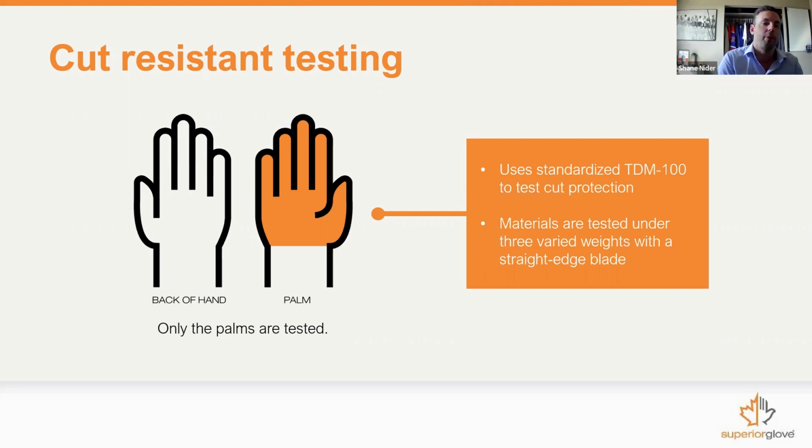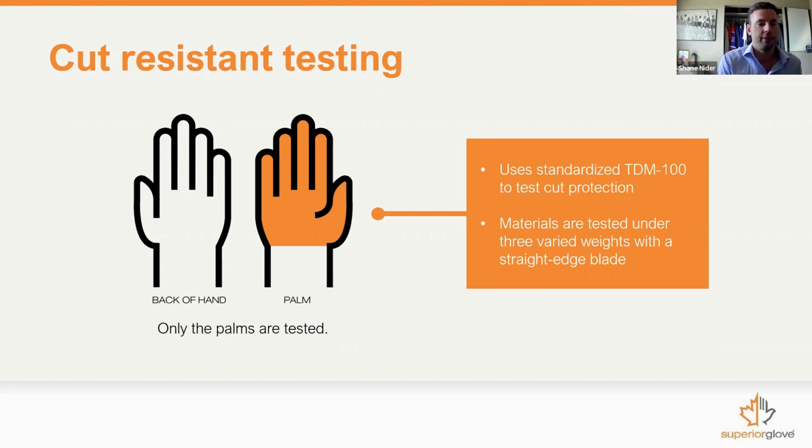And I think it's really important to note that the standard is testing across the palm. However, manufacturers like Superior Glove go above and beyond. So although the test only requires us to test the material across the palm, we realize and understand that from a practical standpoint, you could get a laceration, you could get a cut across any point of your hand.